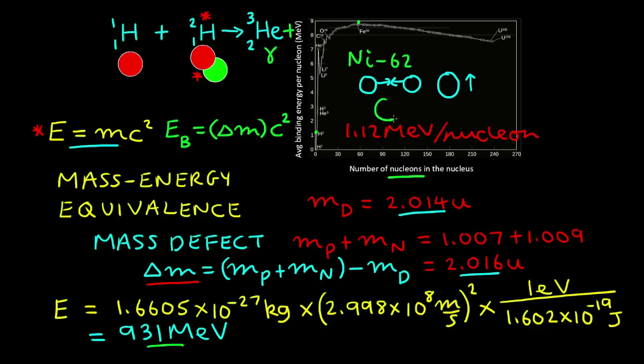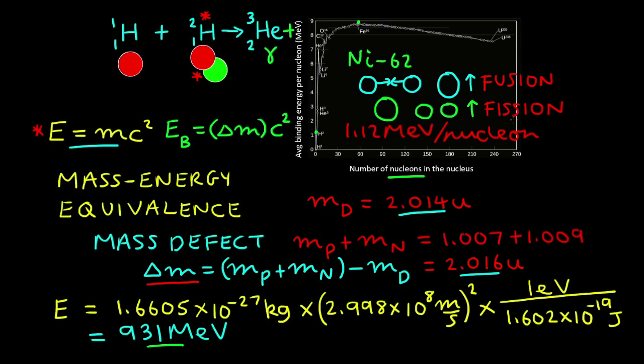But if a nucleus is larger than nickel, it gets split into two smaller nuclei, and the binding energy per nucleon also increases, so energy is again released. So basically the first case is nuclear fusion, where two nuclei are fused together, and the other case is nuclear fission, where a larger nucleus is split into smaller nuclei.